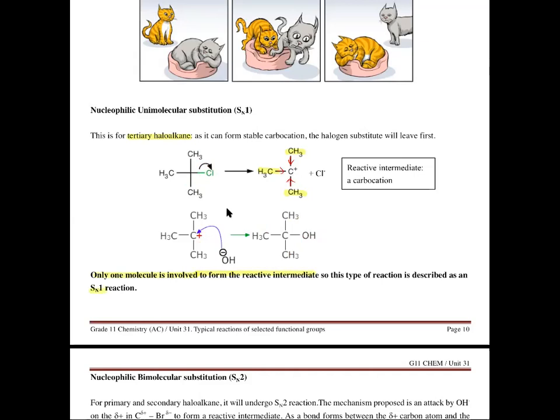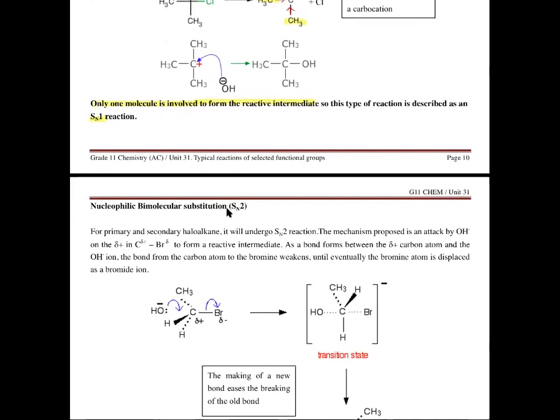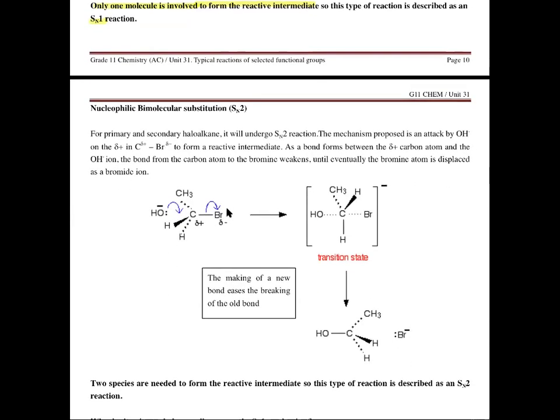Then let's take a look at the other route. Primary and secondary haloalkane will undergo a different mechanism. Unlike SN1, the bromine would not leave immediately, but the nucleophile is going to attack the central carbon first, because the central carbon has a partial charge on it.